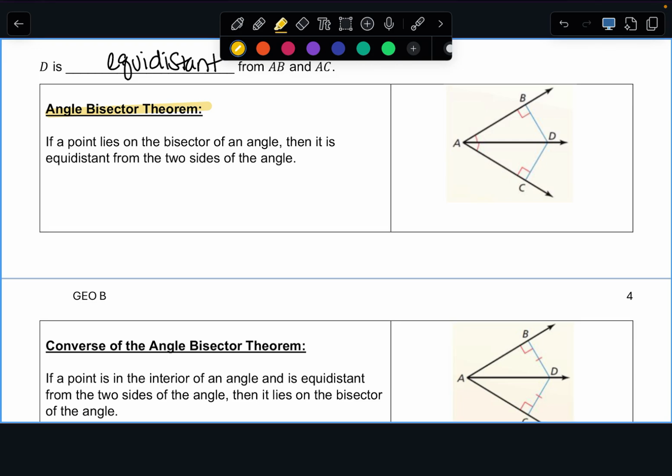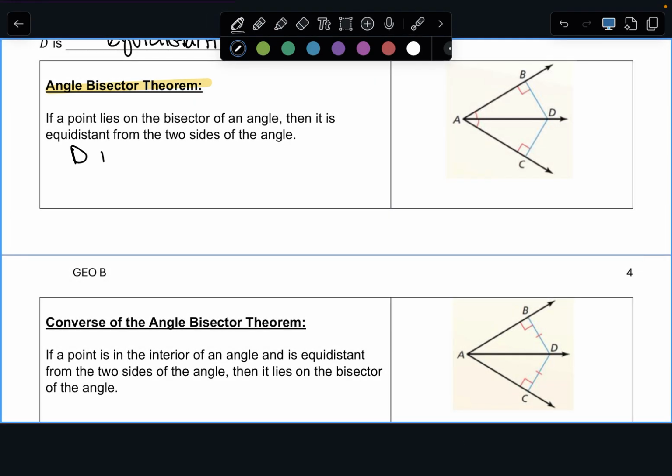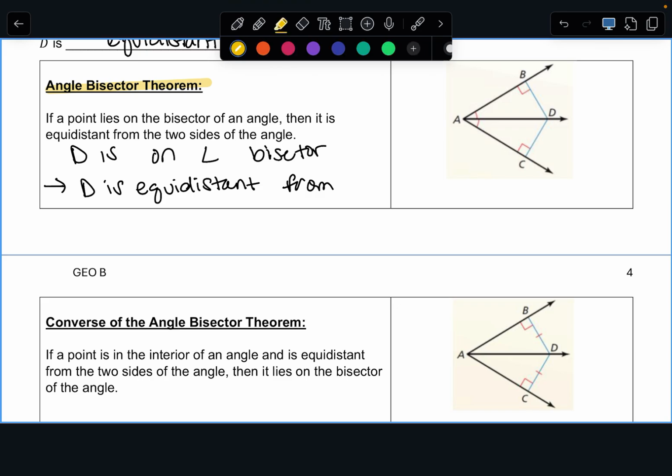Okay. That's our first theorem for angle bisectors. Listen, first theorem for angle bisectors. A point on your angle bisector is equidistant from the sides of the angle. So since D is on an angle bisector, we would say D is equidistant from those two sides of my angle, so AB and AC.